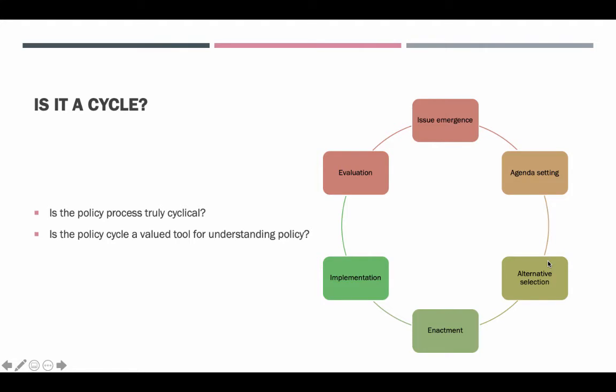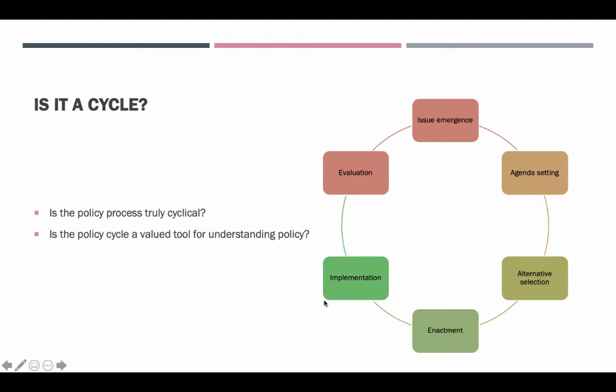That said, the policy cycle might actually offer us one tool to understand both public policy and theories of public policy, because what will often be at issue here is one part of this cycle. Because what we will see these theories do is take a chunk of this, maybe one or two of these things, and say, this is how we believe this happens, and here's the evidence we have for that.